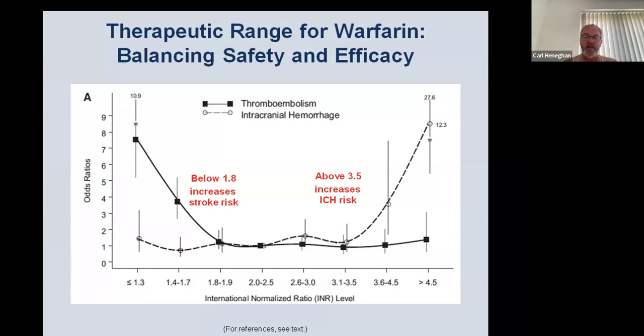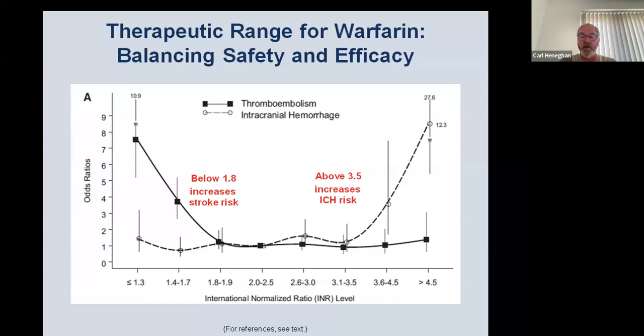So you have to maintain warfarin within the normal range. For atrial fibrillation, it's about 2 to 3, but with heart valves it tends to be a bit higher, 2.5 to 3.5.